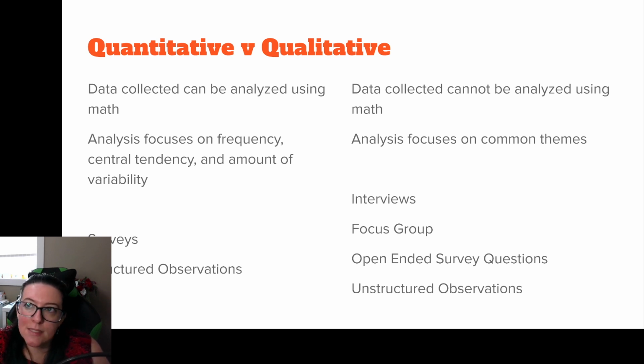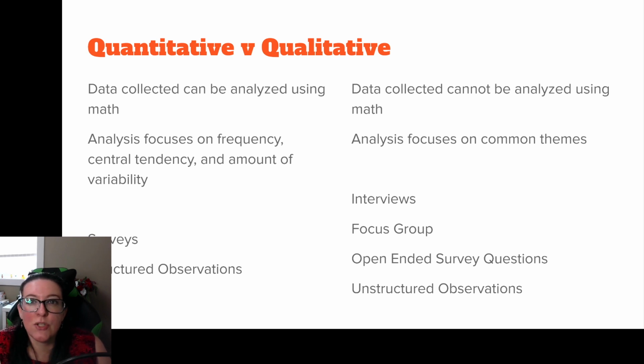And because everyone can answer very differently and provide very different information, you have to analyze it based on themes. You can't look at frequency truly because everyone didn't have the same option to choose a particular topic. So we're just looking at commonalities and themes as opposed to frequency.